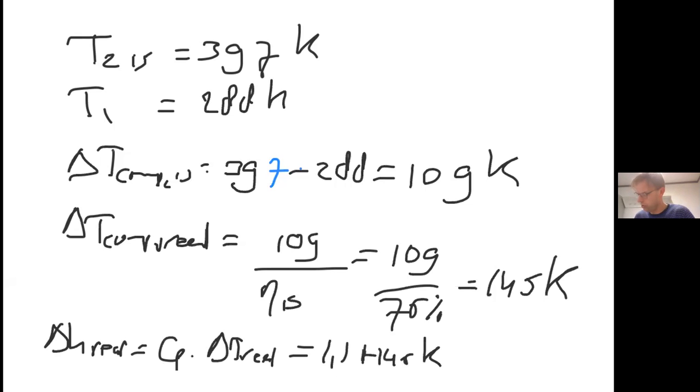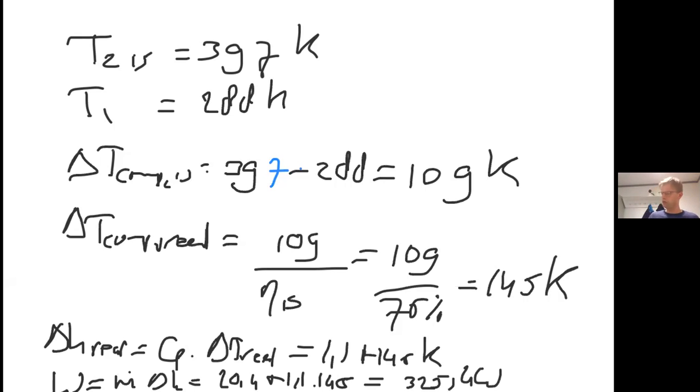And you know that the work is mass flow times delta H, which is 20.4, it was, times 1.1 times 145. And that should end up, you see the answer in the slide, at 251 kilowatt. So the power consumed by the compressor is 3251 kilowatt.